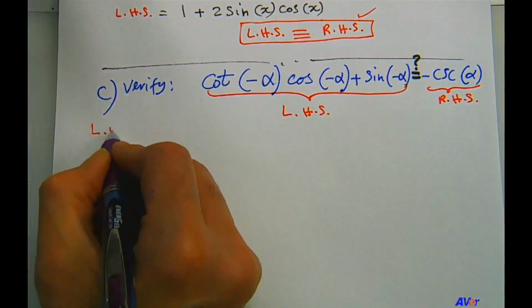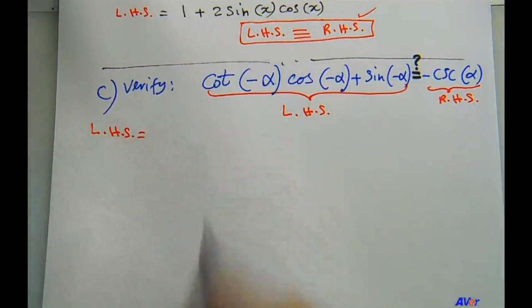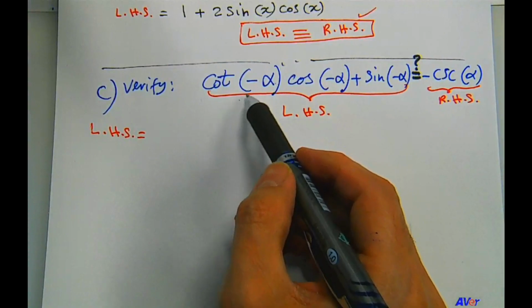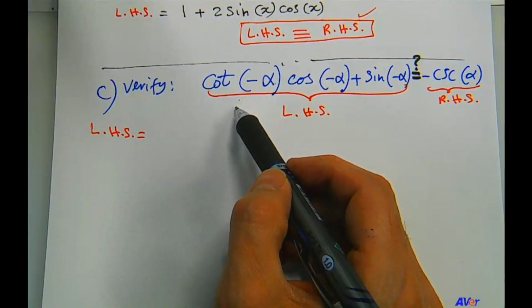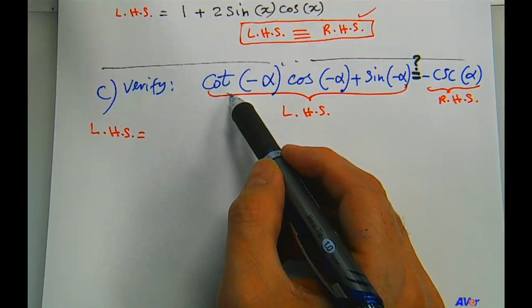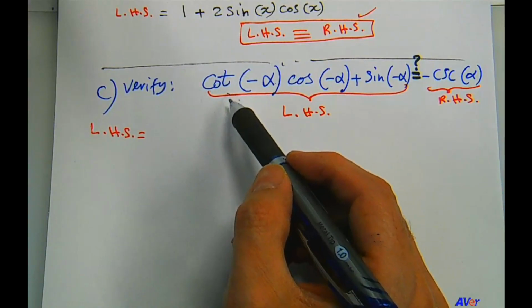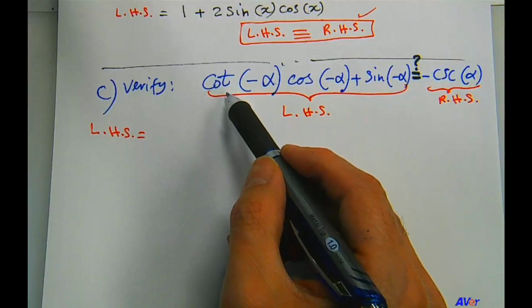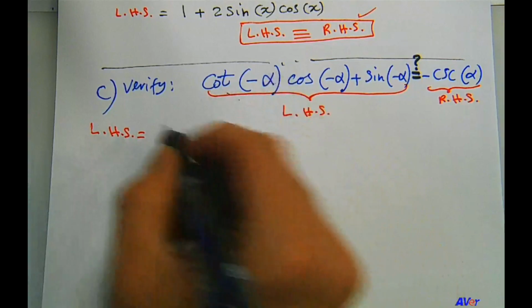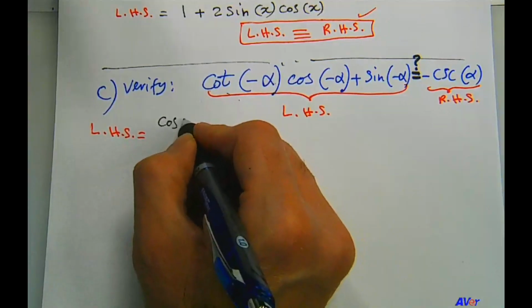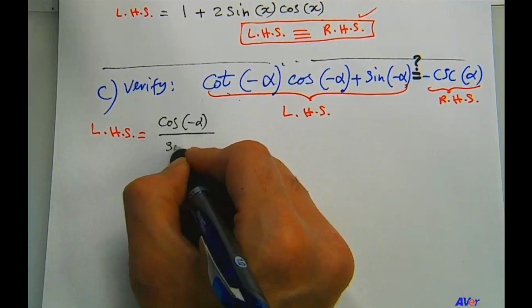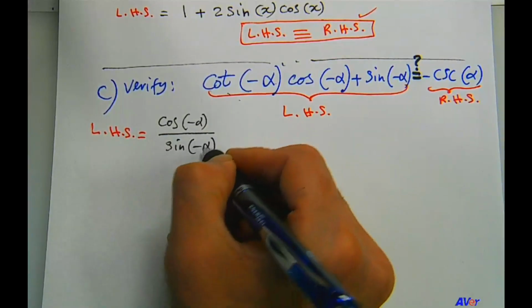So we have the left-hand side equals the cotangent of negative alpha, which can be written as a ratio of which two trigonometric functions? Do you remember? The cotangent can be written as cosine divided by sine. So let's do that. Cosine of negative alpha divided by sine of negative alpha.